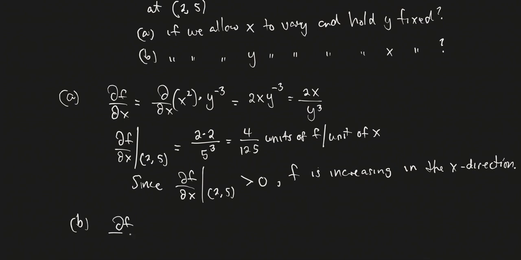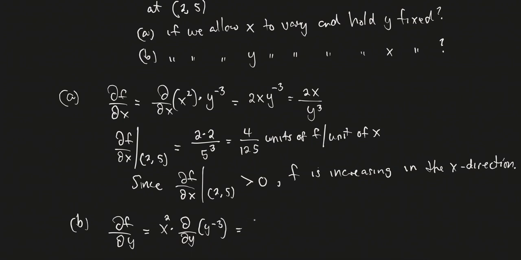And let's look at b. Now we take the partial with respect to y. Remember, our function was x squared over y cubed. The only difference now is that x squared is going to be treated as a constant, so that will come down. Then I have to do the partial with respect to y of y to the negative 3, so still the power rule.